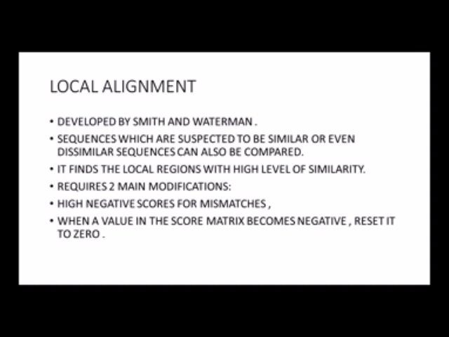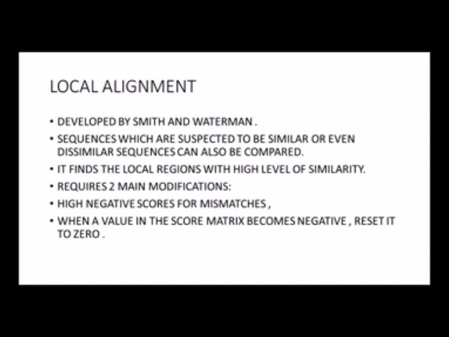Then comes the local alignment. This is the topic of interest. It was developed by Smith and Waterman. Sequences which are suspected to be similar or even dissimilar sequences can also be compared. It takes only the conserved regions or the functionality regions for the comparison.